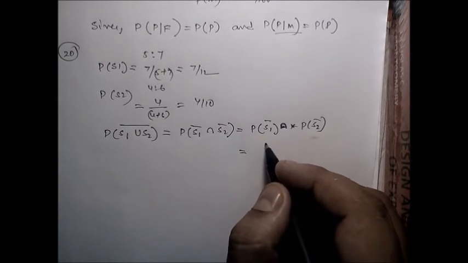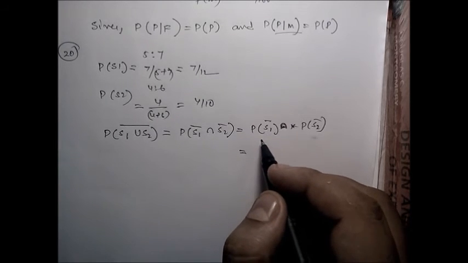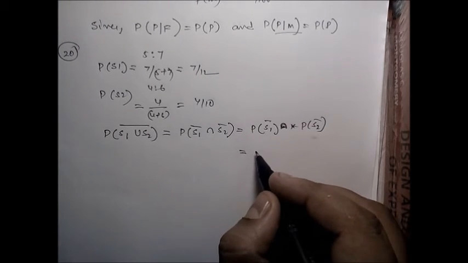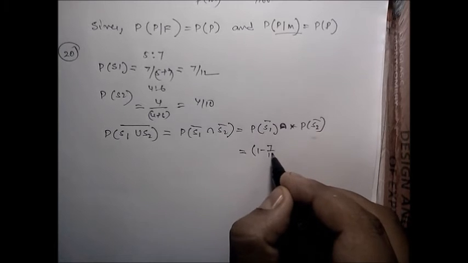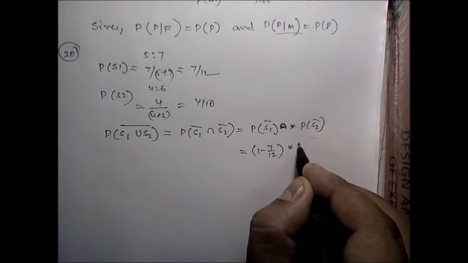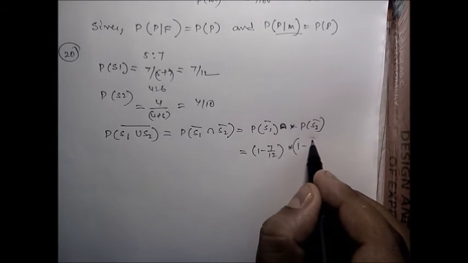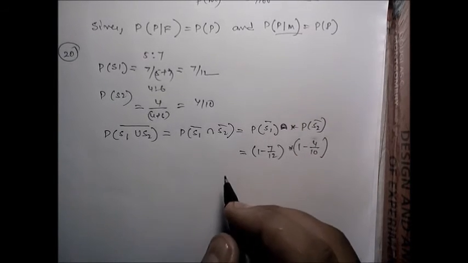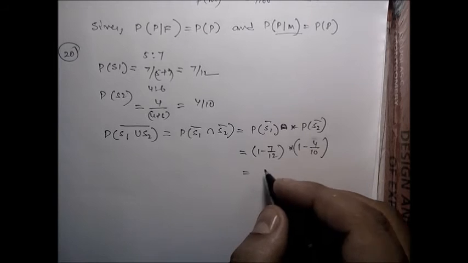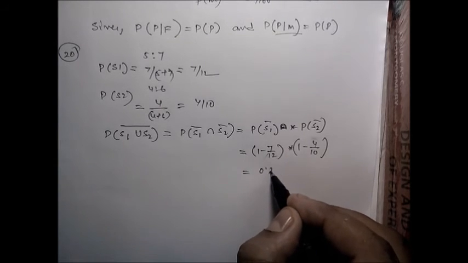So probability of S1 is 7 by 12, so 1 minus 7 by 12, into probability of S2 bar. S2 bar is what? 1 minus 4 by 10. So the answer is what? 0.25.